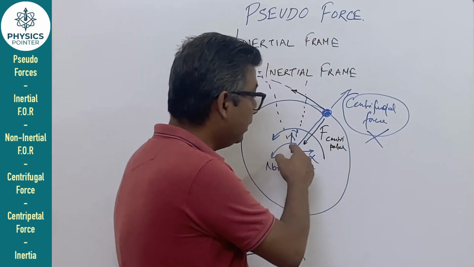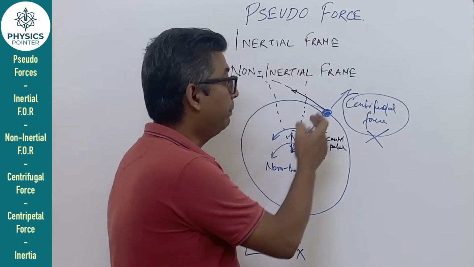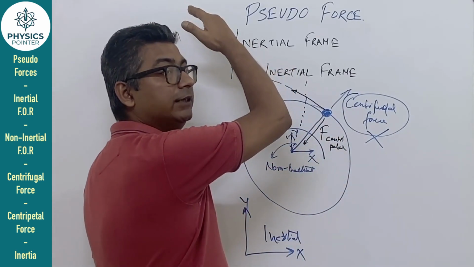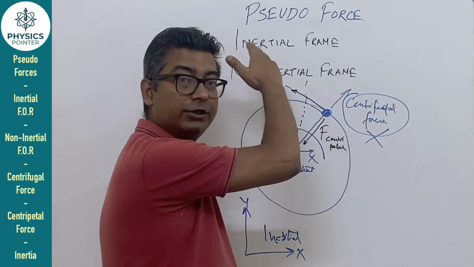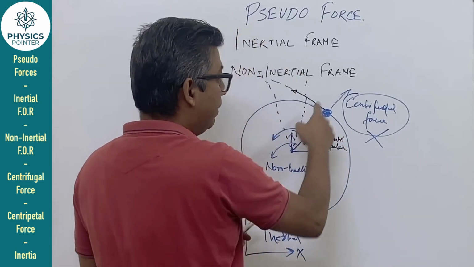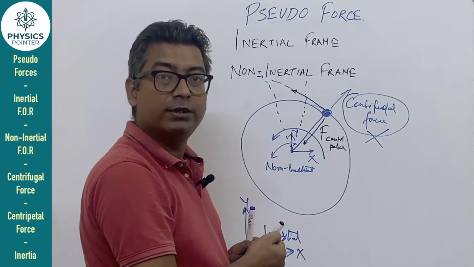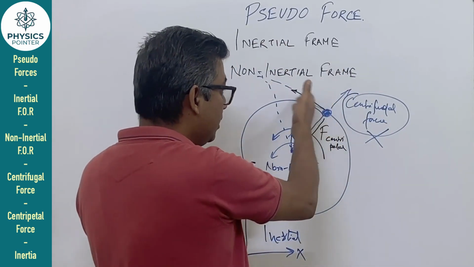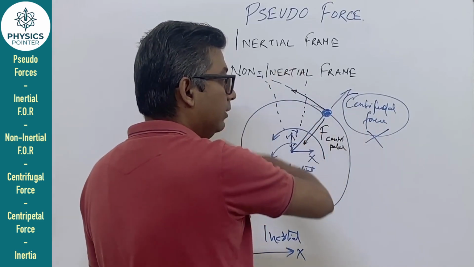So when you cut the thread, no force is applied. So the velocity will try to move it tangentially, and this is the inertia. So the ball is trying to go tangentially, but the thread is trying to pull it towards itself. So the inertia and the centripetal force combination actually keeps this rotating in a circle.